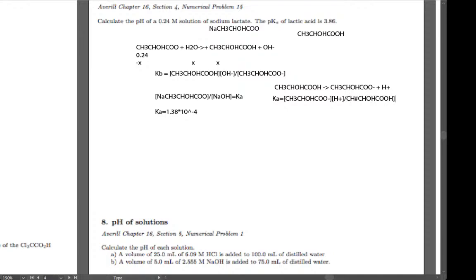What I realize here is that when you calculate Ka times Kb, which is basically Kw, you get H plus and OH minus. So it is just basically Kw. So that's Ka times Kb.